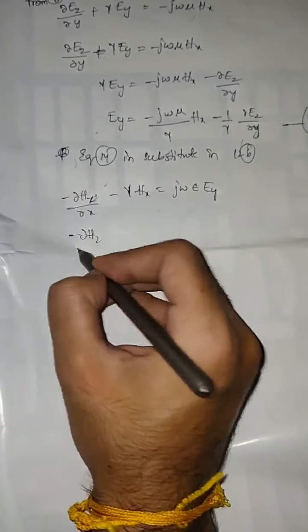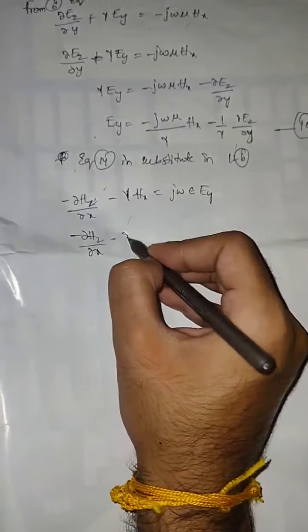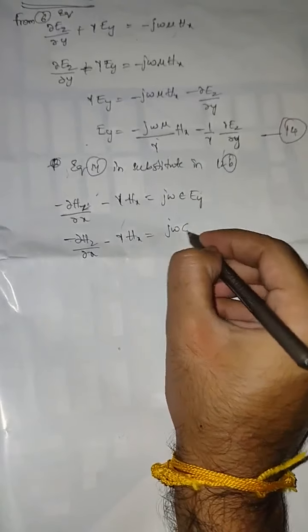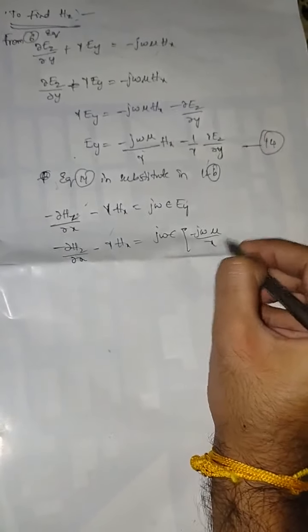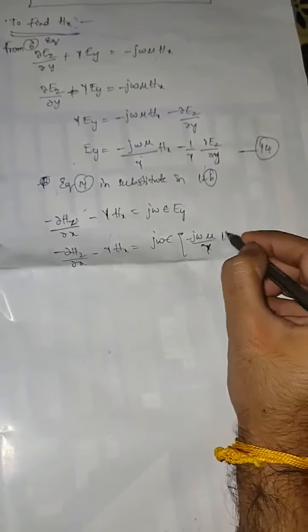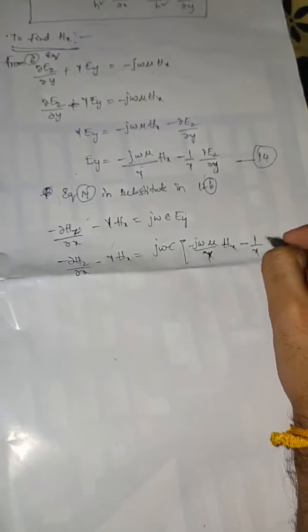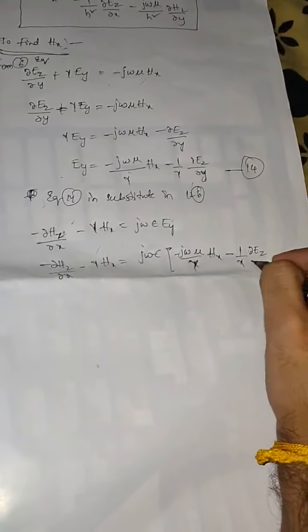So we need to substitute this value in place of ey here: minus j omega mu by gamma hx minus 1 by gamma dou Ez by dou y.